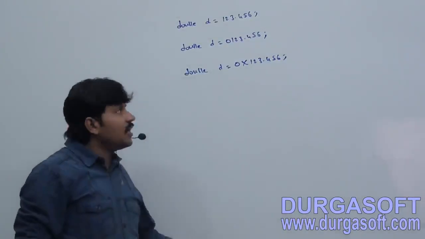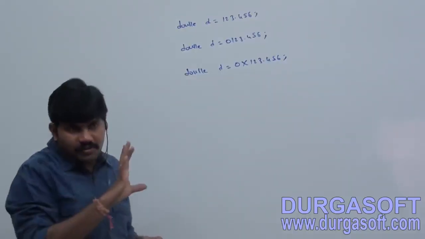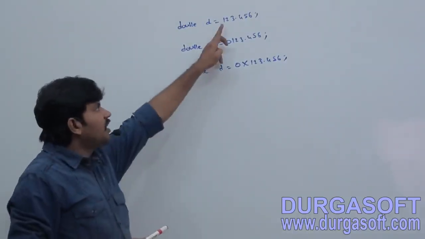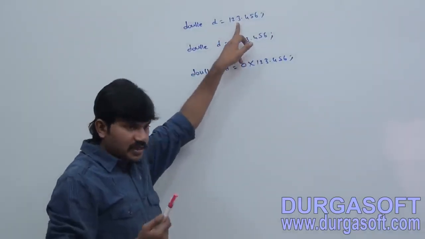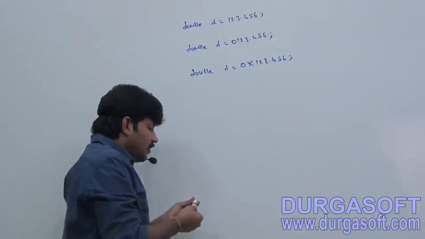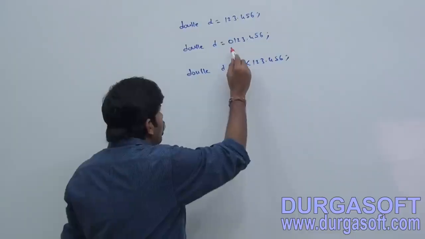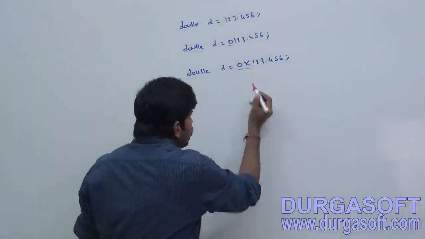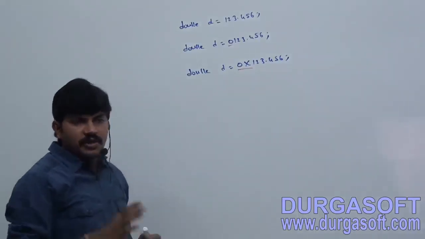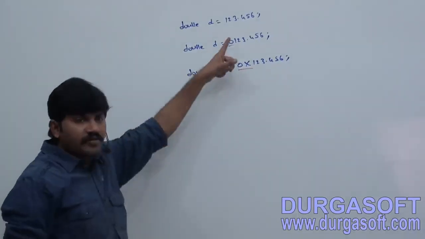Sir, I hope no explanation is required for these, because the first one is by default what type? Decimal. If a number is prefixed with 0, what is this one? Octal. If a number is prefixed with 0x, what is this one? Hexadecimal. Are you getting it?